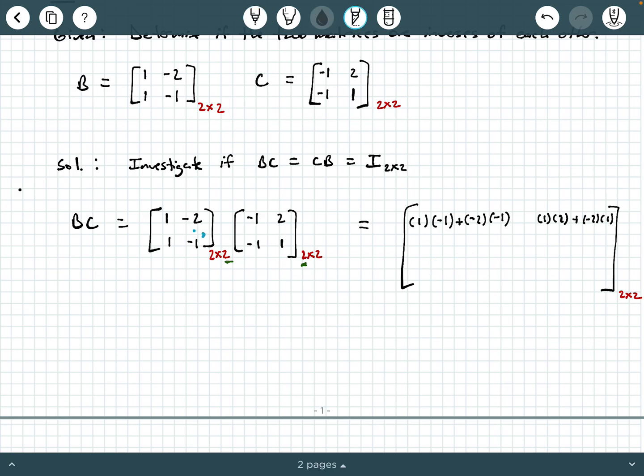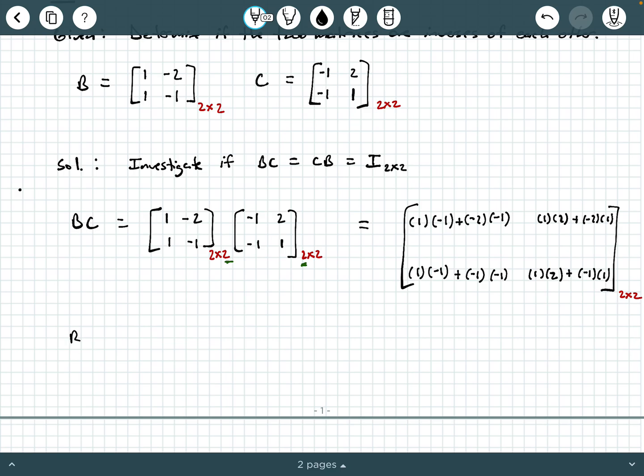Well, we're going to say row 2 of B times column 1 of C. So we're going to have 1 times -1 plus -1 times -1, okay? And then finally, for the 2, 2 entry, we're going to say row 2 of B times column 2 of C. So we're going to say 1 times 2 plus -1 times 1, okay?